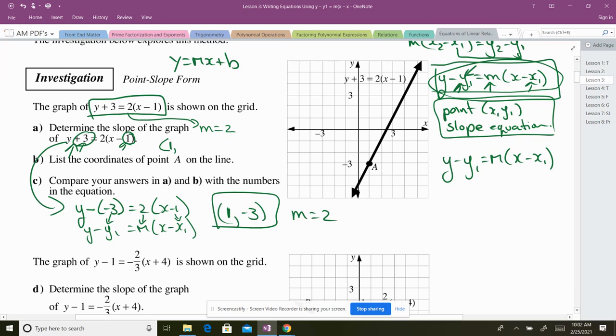We can sketch the line. My point is 1 and -3, which is there. My slope is 2. How do you write 2 as a fraction? 2 over 1. So it's a rise of 2 over 1, and you can sketch the graph. Now, you're all saying, why do I need to know this one? What's the y-intercept of this graph? Does it go through -5?